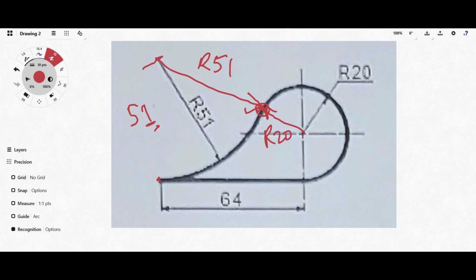So the distance from here to here is 51 millimeters. Yes, 51 millimeters. And then the distance from here to here should be 51 plus 20, which gives us 71 millimeters, right? Now the reason why we are doing this is that we have to draw from known positions or known points, right?